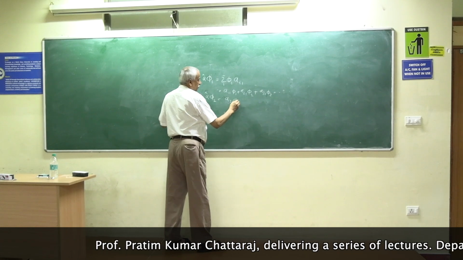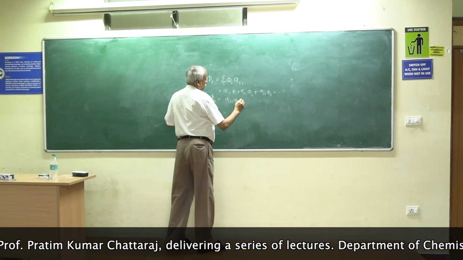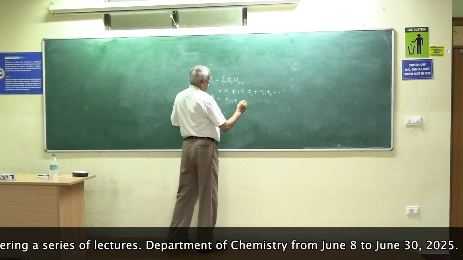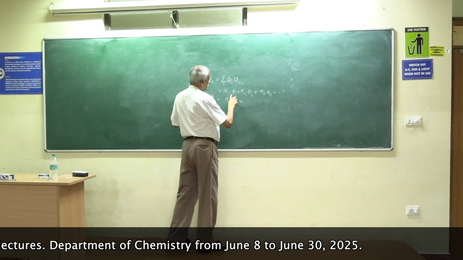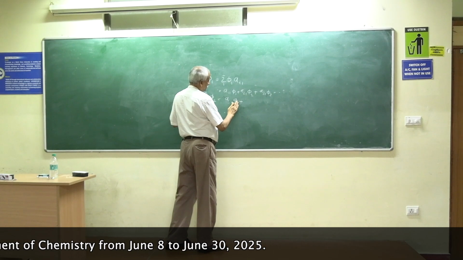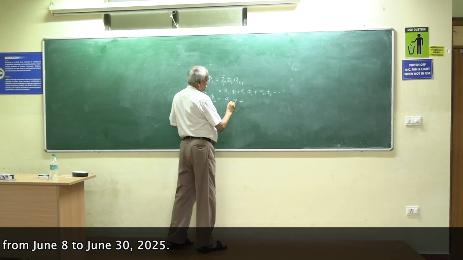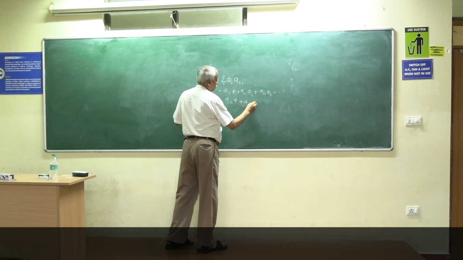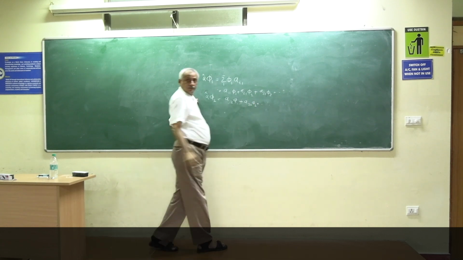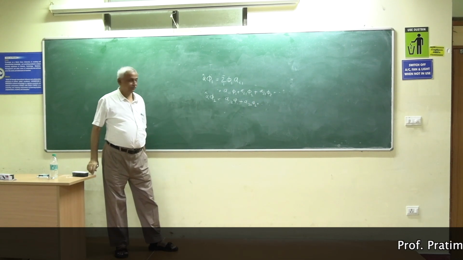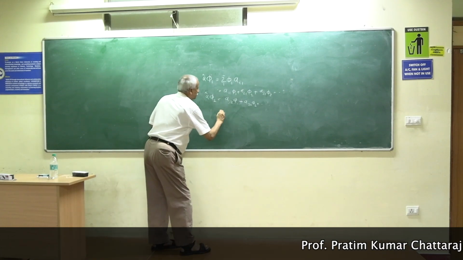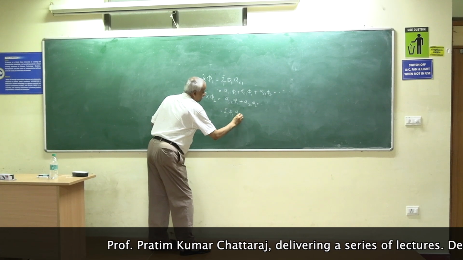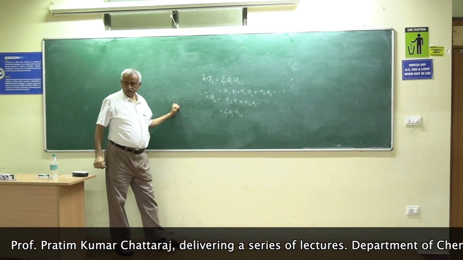The other one should be 1, 2, 1, 3, then 1, 2, 2, 2 and so on, isn't it? It should be sum over i, phi i, A i 2, isn't it?